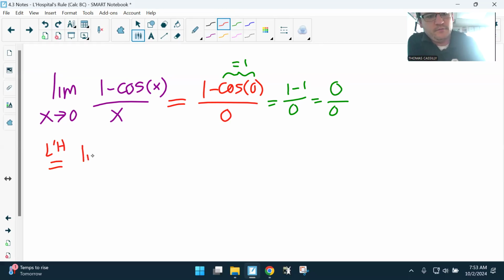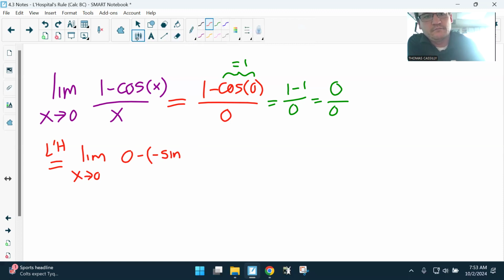I can say the limit as x approaches 0 of the derivative of the top, the derivative of 1 is 0, minus the derivative of cosine. What's the derivative of cosine? Derivative of cosine is negative sine of x, divided by the derivative of the bottom, which is 1. So let's go ahead and plug it in.